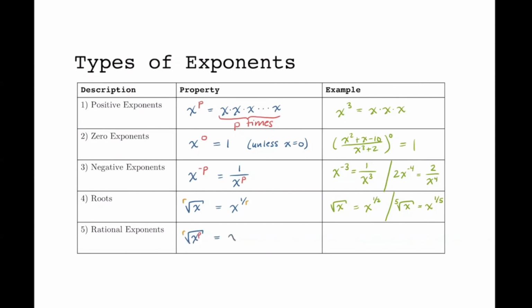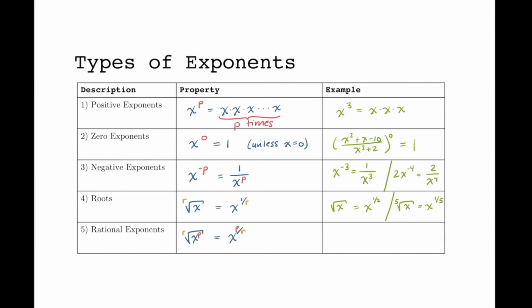So instead of x to the 1 over r, we're still going to have the r in the denominator because the root is still the rth root. But instead of the 1, which actually came because we had x to the first here, in the numerator of the exponent, we will just have a p. So this is x to the power over root, or p over r exponent.